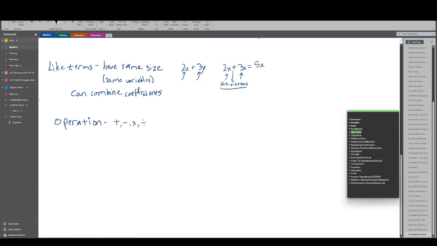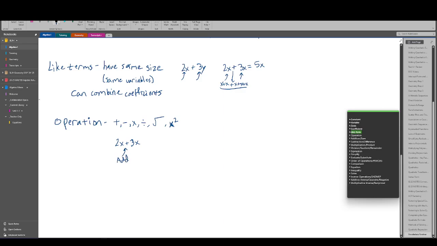There are lots of other operations in math that you can do, like square rooting, squaring, and other things that you haven't learned about yet. So any operation is basically doing something to a term to change it. So in the case of 2x plus 3x, the operation that we're doing is to add them. So this symbol means add, as I'm sure you're familiar with.